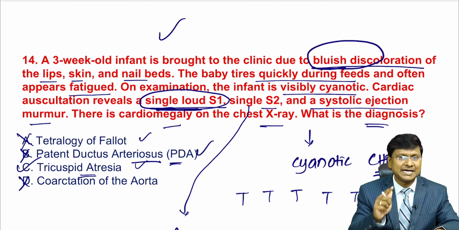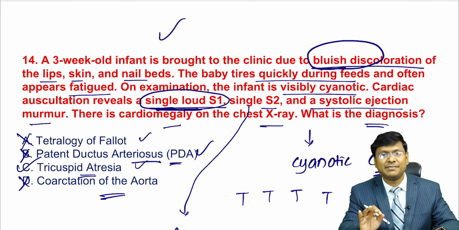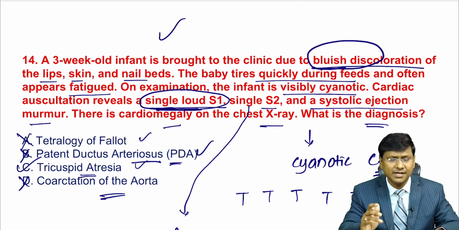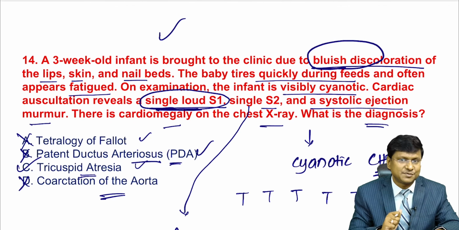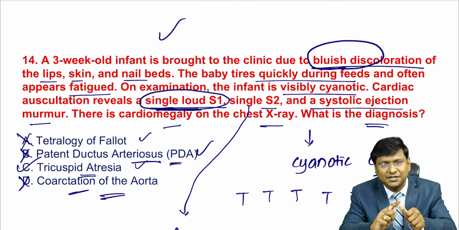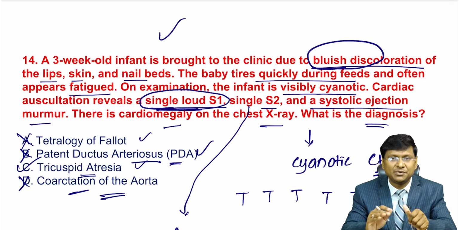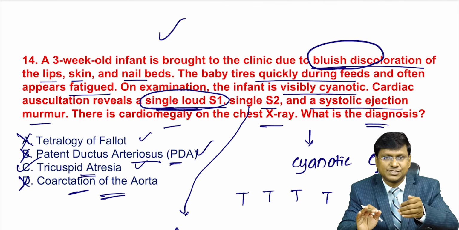It is not patent ductus arteriosus because that is an acyanotic congenital heart disease. And in coarctation of aorta, the presentation will not be in the manner described. In patent ductus arteriosus, what is the murmur that you will have? A continuous murmur. Even in coarctation of aorta, you will have a continuous murmur. And in coarctation of aorta, you will have a differential in the pulse.